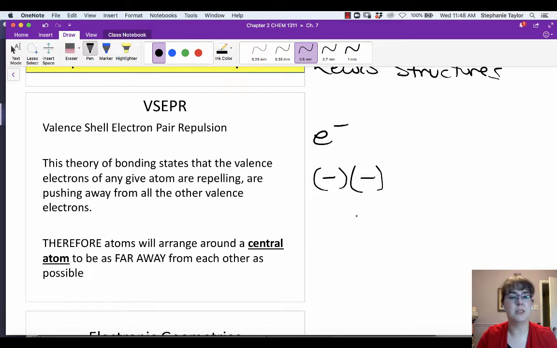So when we're trying to think about what these things may really look like, we have this notion that all atoms are going to arrange around a central atom to be as far away from each other as possible. And that means we need 3 dimensions to get as far away as possible.